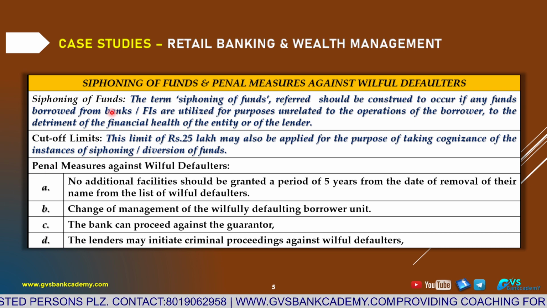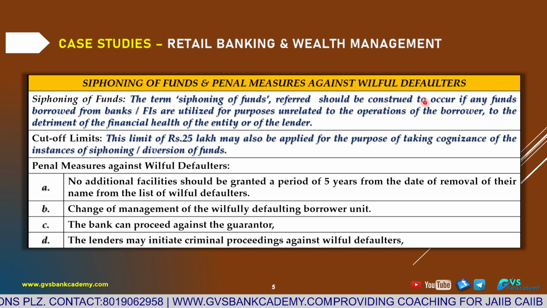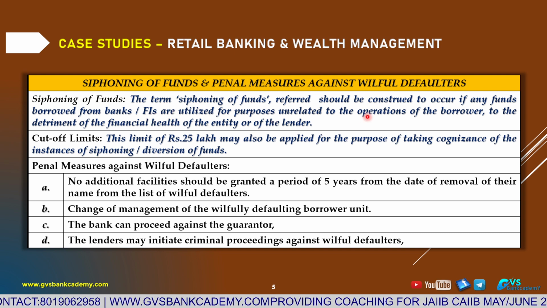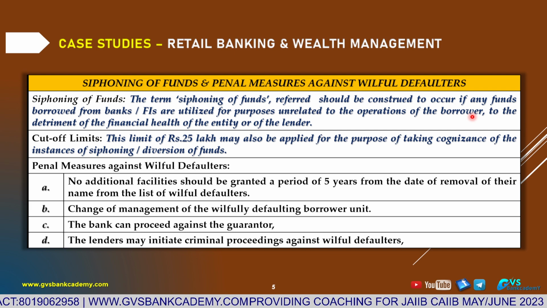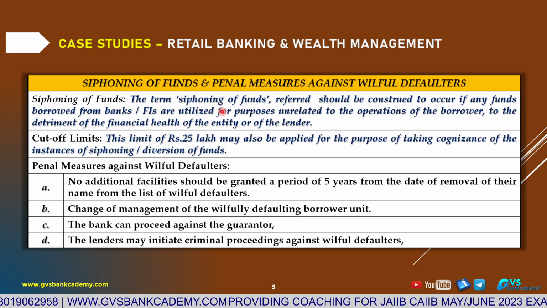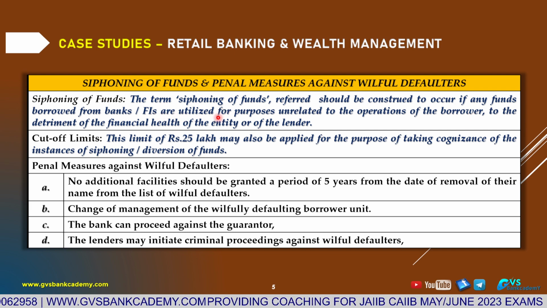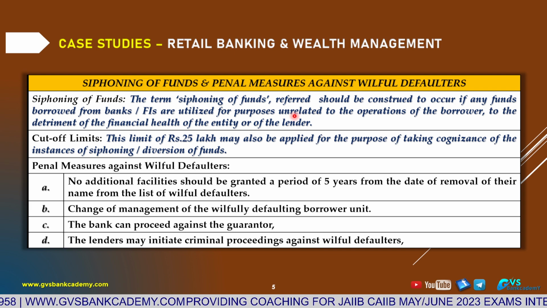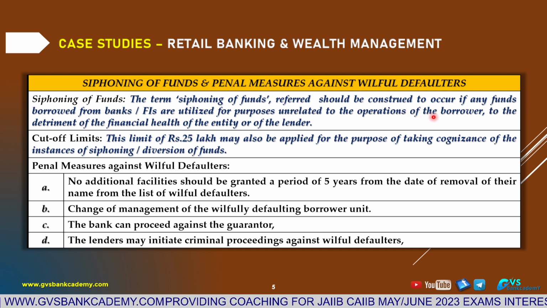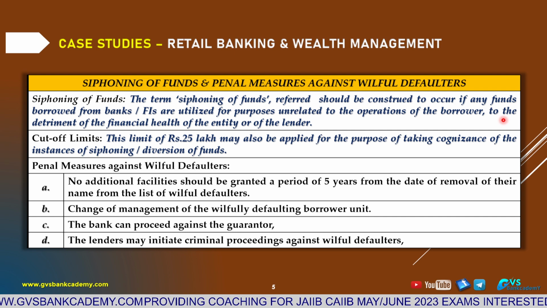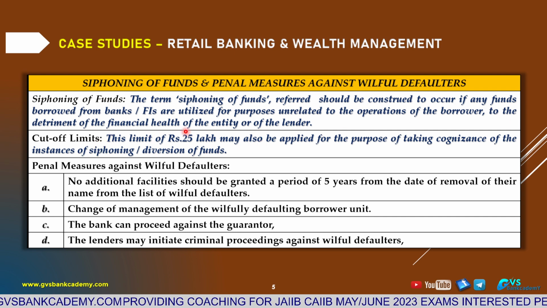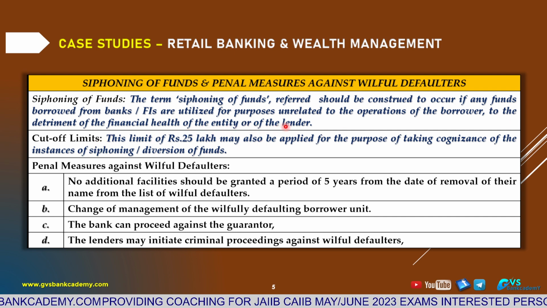Siphoning of funds. The term siphoning of funds should be construed to occur if any funds borrowed from banks or financial institutions are utilized for purposes unrelated to the operations of the borrower and to the detriment of the financial health of the borrowing entity.